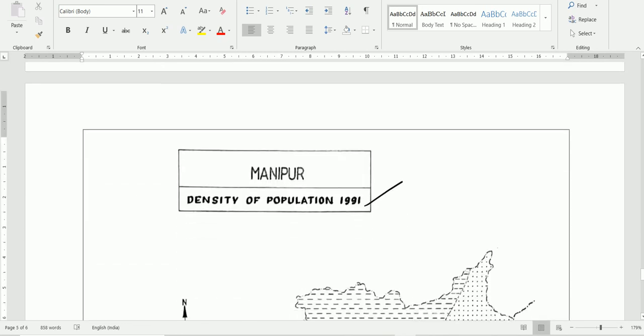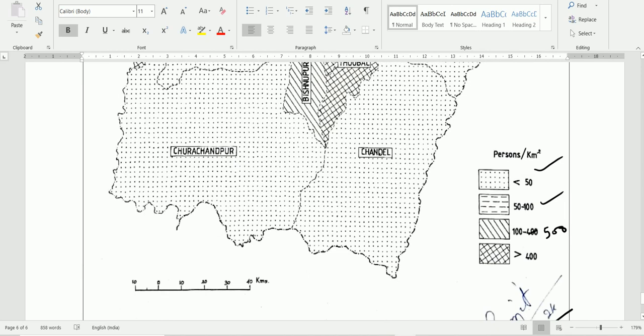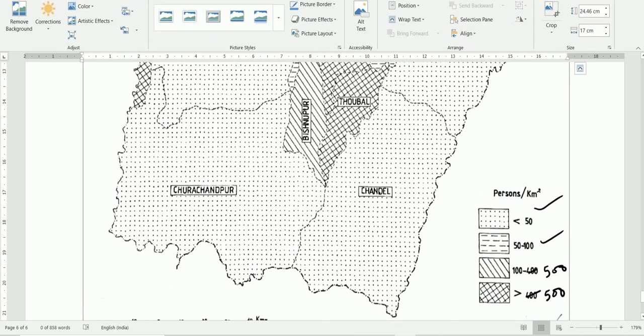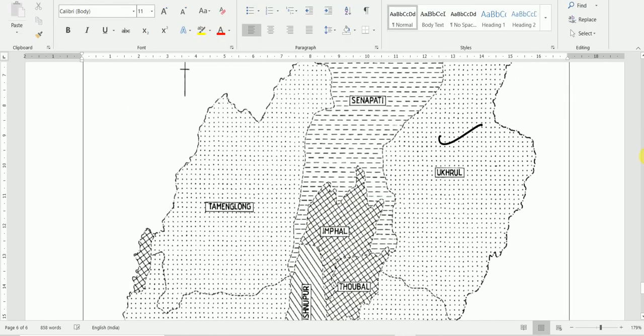And accordingly you may change the setting. You may use the same pattern here. Okay, this is 100 to 500, and it is better to change it to more than 500, and accordingly you may change it. In this case we have got only three districts: Ukhrul, then Tamenglong, and Chandel.